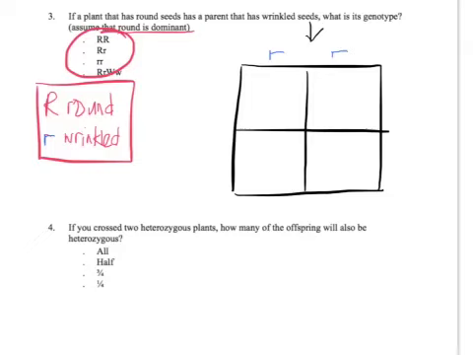It needs to be small r, then only it can be wrinkled. But the children on the other hand were all round, so the chances are, this is what happened with the kids. They ended up being big R, small r, big R, small r.